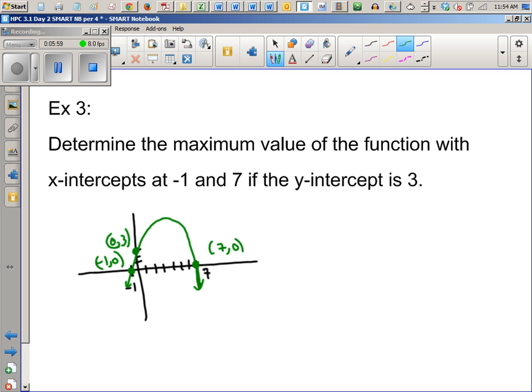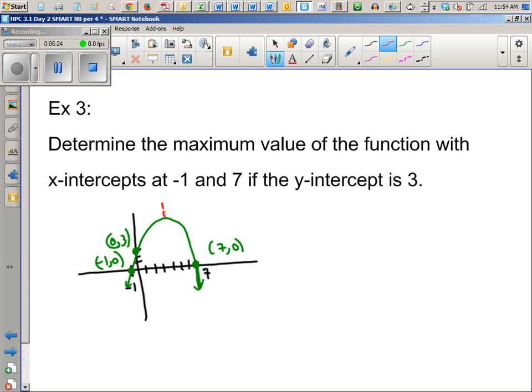Okay, before I go on to calculate any f of x equals blah, blah, blah, I think there's one more thing I know. Yes? That the axis of symmetry is x equals 3. You're right. Why? Because it's equidistant from both x-intercepts. Correct. If you gave this picture to a 4th grader and said, find the line of symmetry, they would probably nail it.